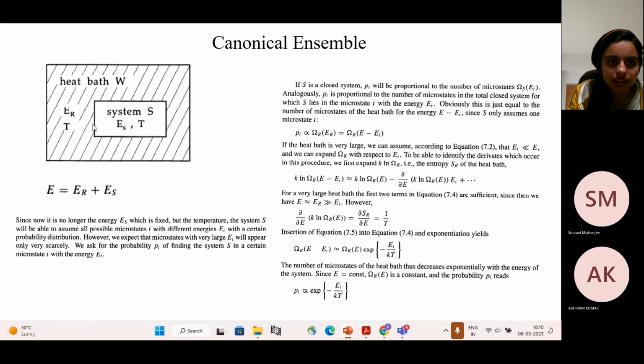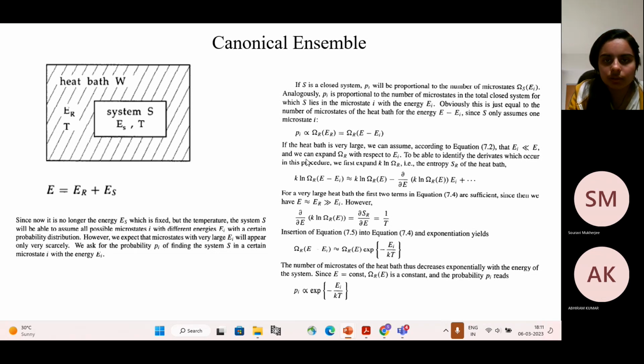Because the total energy of the reservoir plus the system is conserved, this is also proportional to the number of microstates for which the reservoir remains at an energy E minus Ei. So Pi is proportional to omega R of Er, where Er is the energy of the reservoir, or it can also be written as omega R of E minus Ei.